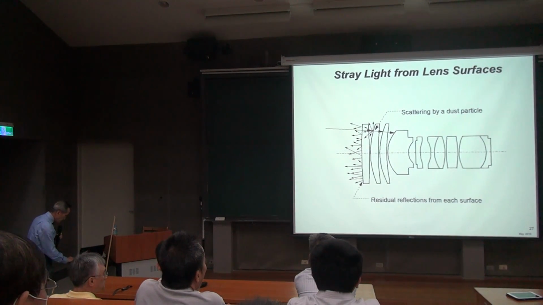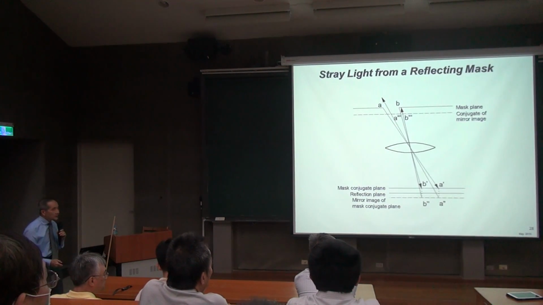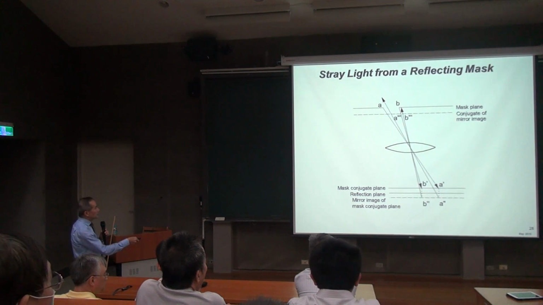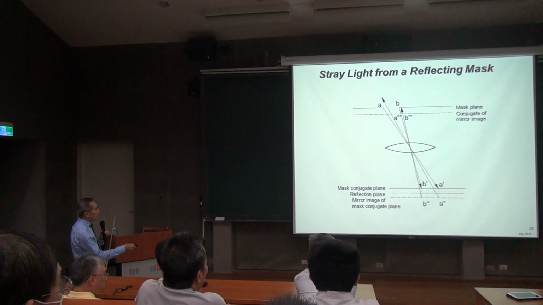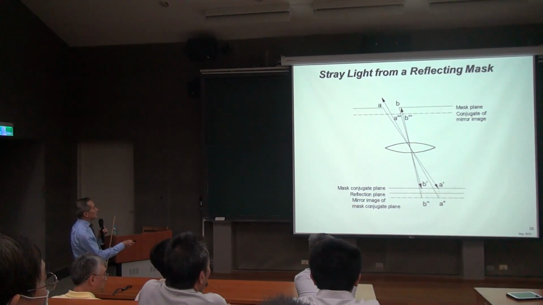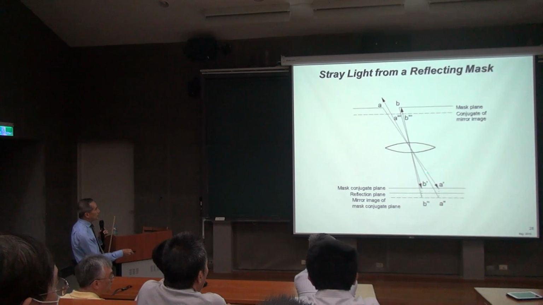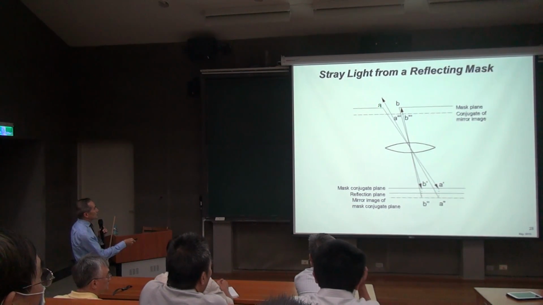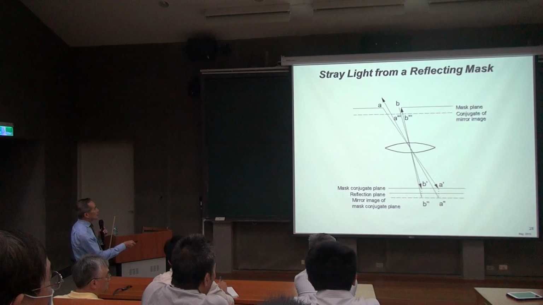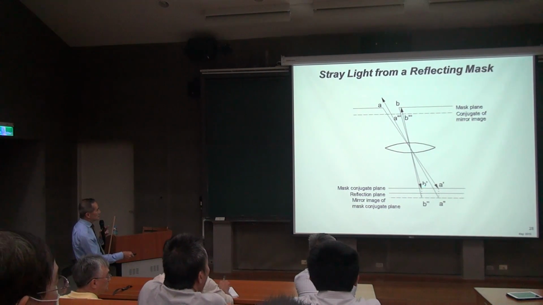Now, another thing is, even if you have a perfect lens with no stray light from the lens, you still get stray light just because of the optical system. Now I'm drawing a mask, going through a lens and into the wafer. So conjugate image, A goes to A prime, B goes to B prime, perfect.